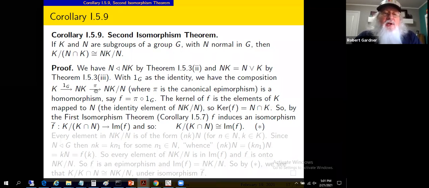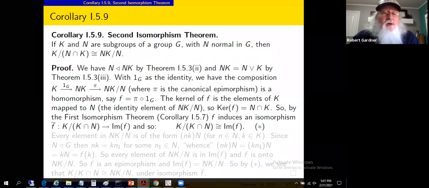And then use the canonical epimorphism to take NK and map it to the quotient group NK mod N. So the whole purpose of introducing this identity was so we could use this canonical epimorphism. We wanted to talk about this quotient group, right? So it's the right-hand side of the alleged isomorphism equation. So introduce the identity, giving us this kind of mapping here.